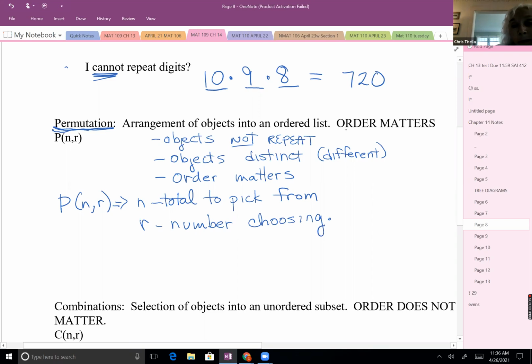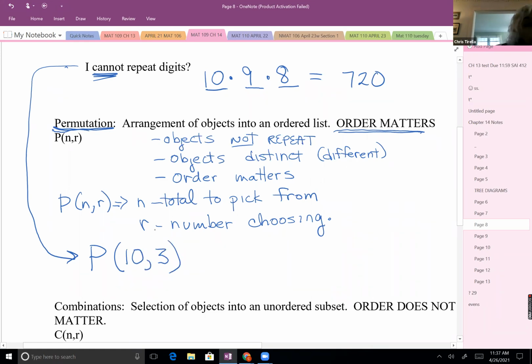But what's important to remember is in a permutation, order matters. And so over here, when I could not repeat, that would be like permutation. There were 10 digits, and I picked 3.